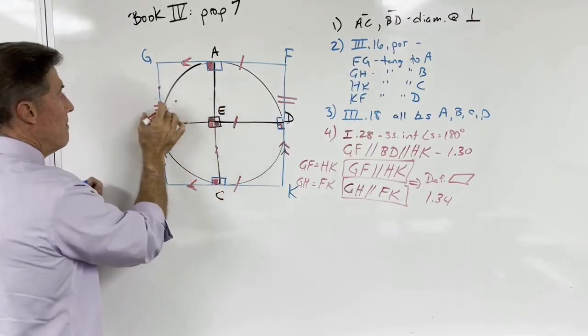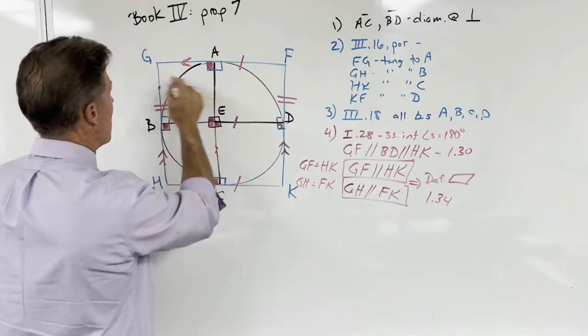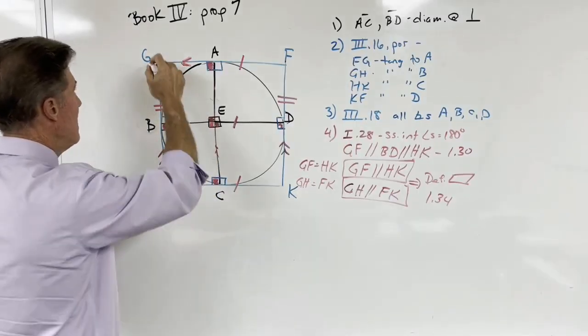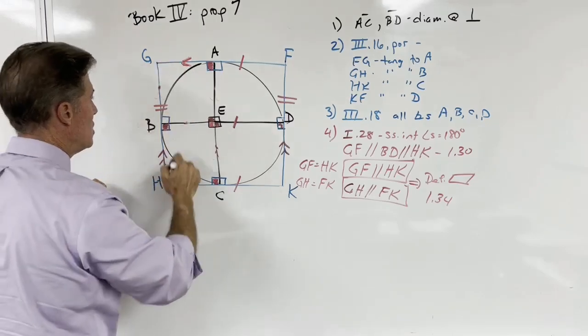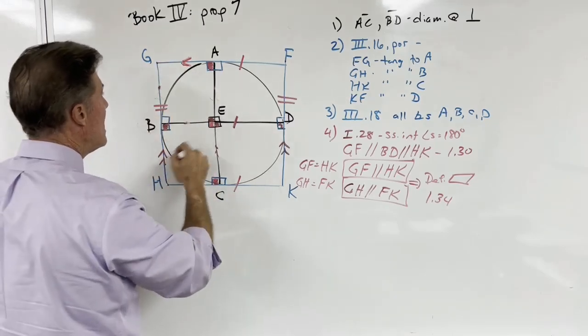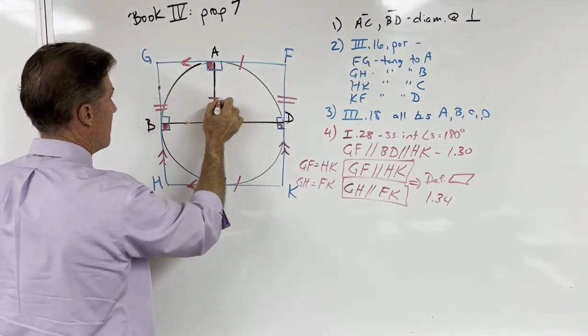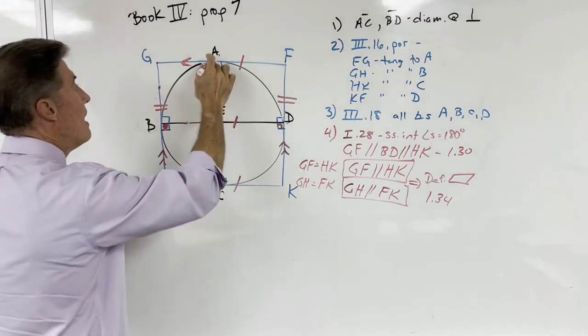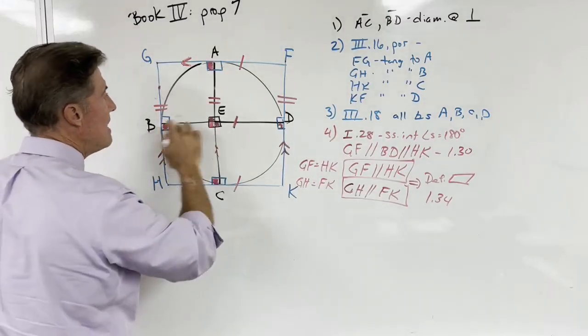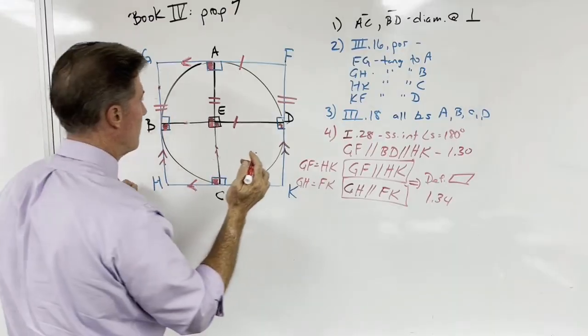So if we looked at this parallelogram, GC, we would see that GH has to be equal to AC. But AC and BD are equal to each other.